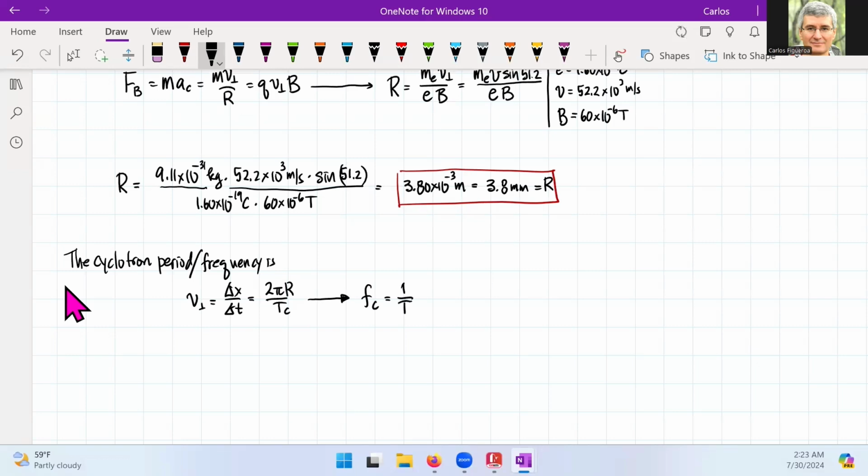So now if I go calculate the frequency, that frequency is then going to be 1 over the period, and then just manipulating this equation, I'm going to get 2 pi r, and then I'm going to get v perpendicular, oops, not v perpendicular, but v sine of 51.2 degrees.